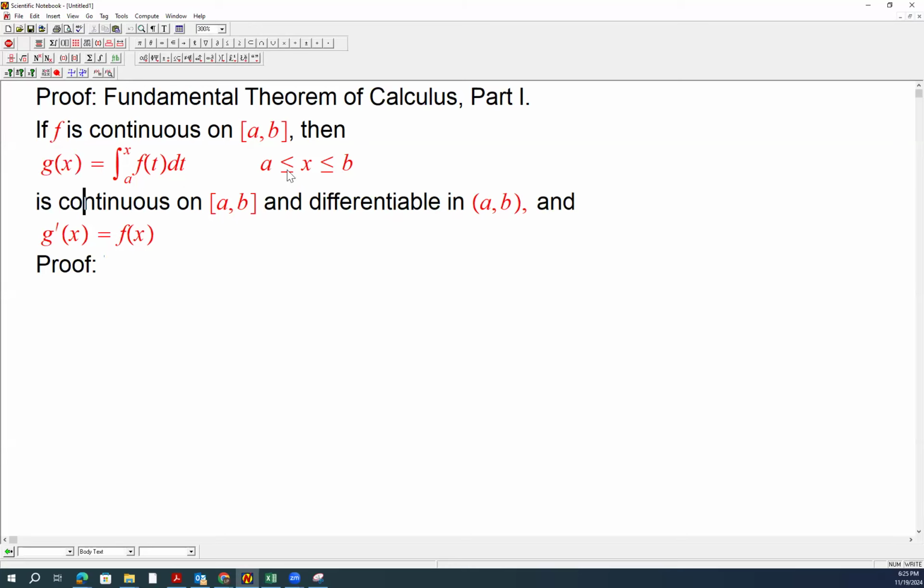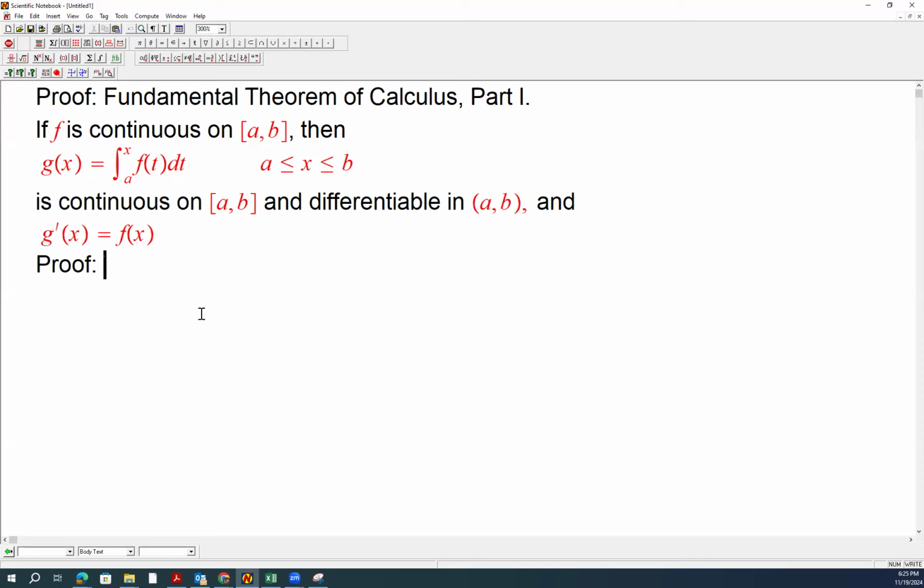The conclusion is that g is continuous and differentiable on the open interval, and the derivative of g is f(x), i.e., g is an antiderivative of f.